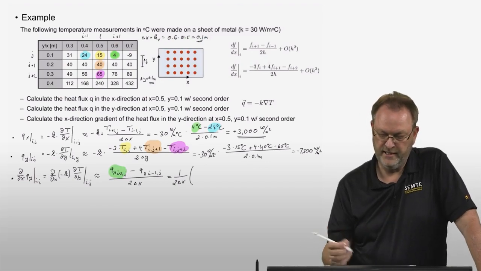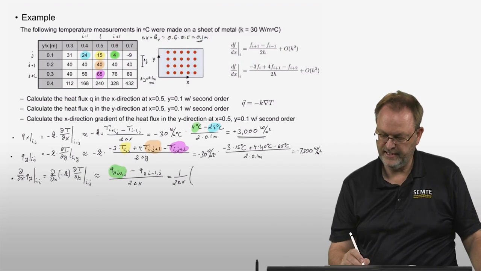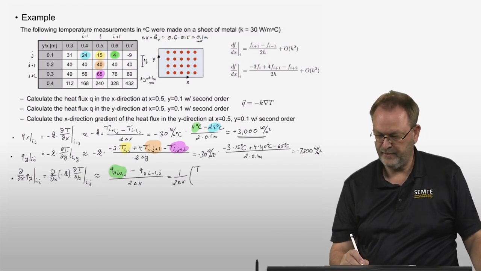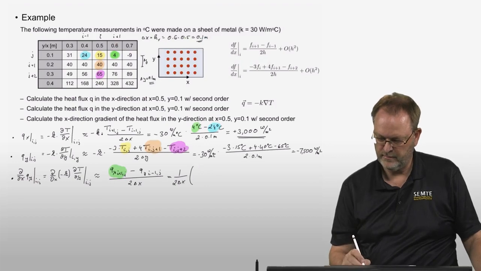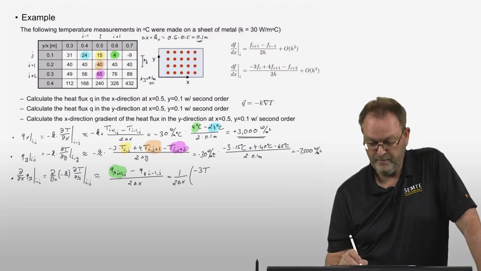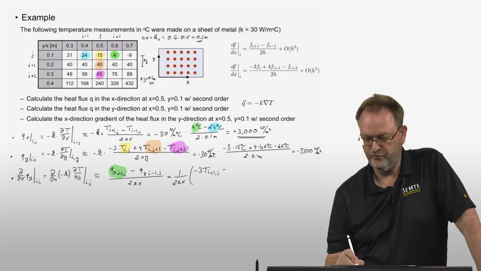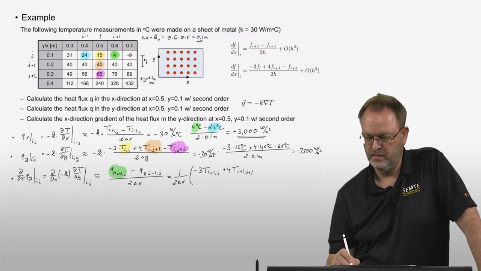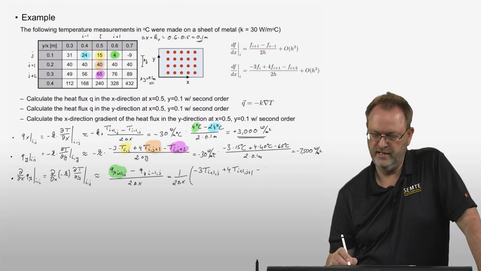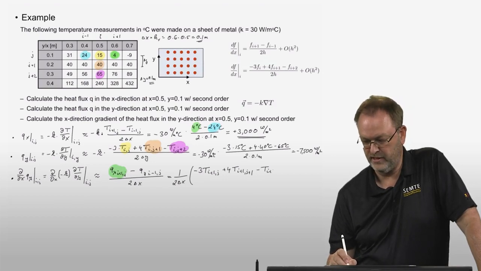So that would then be minus 3 times T at i plus 1 comma j plus 4 times T at i plus 1 comma j plus 1 minus T at i plus 1 comma j plus 2.